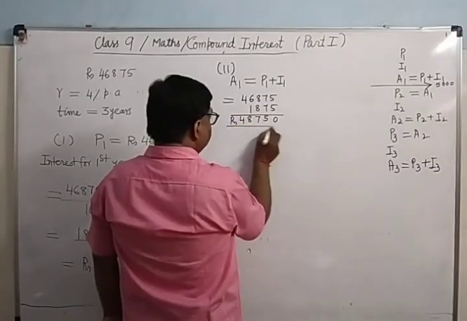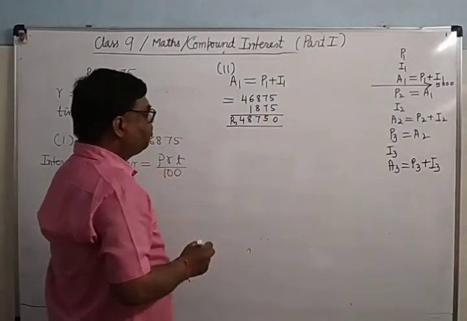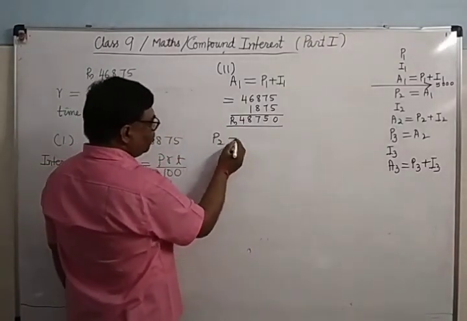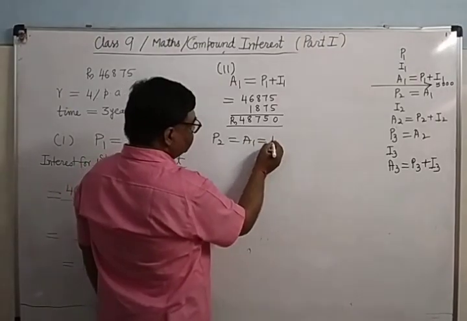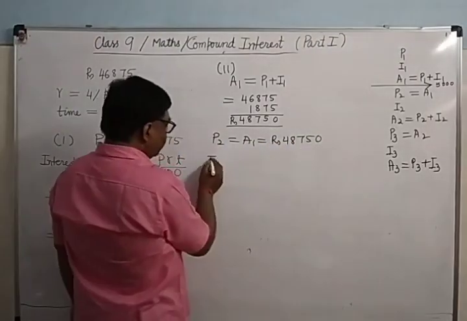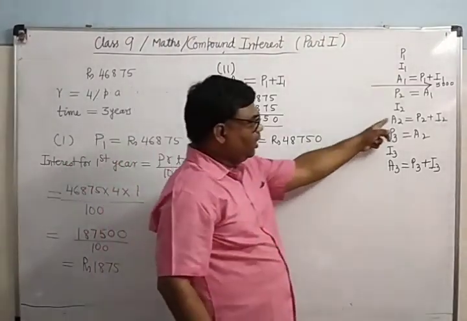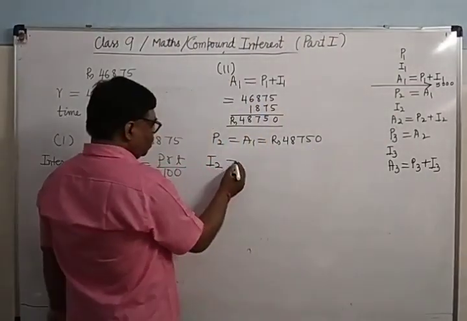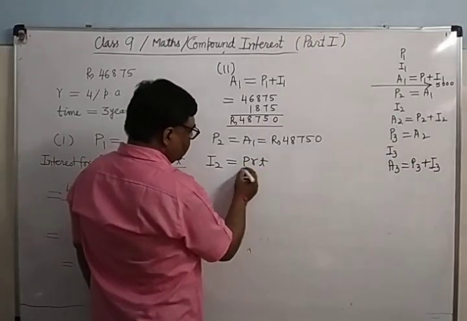Now what will be P2? P2 will become equal to A1, which is rupees 48750. You calculate I2 because you have to find A2. So first you calculate I2, which is PRT upon 100.